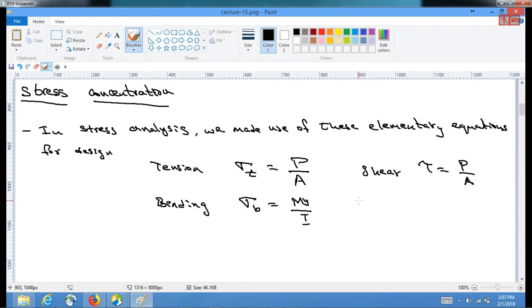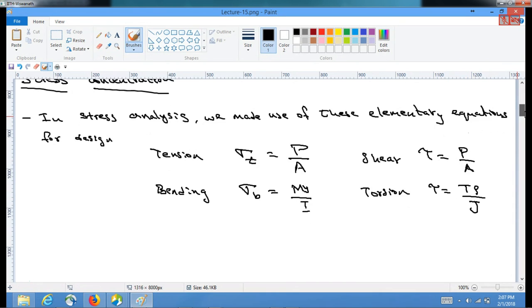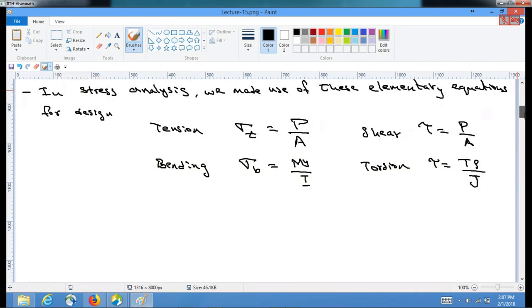And for shear coming from torsion, we said tau equals T rho by J, where T is the torque involved. So these are the fundamental equations we generally used for stress analysis.